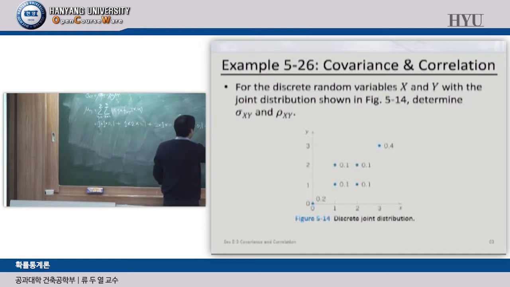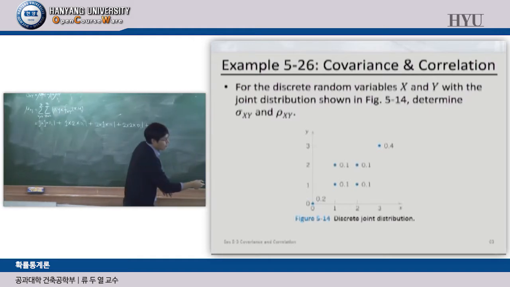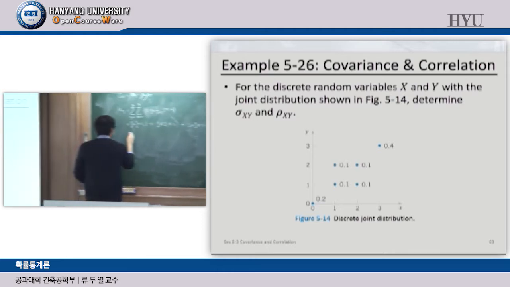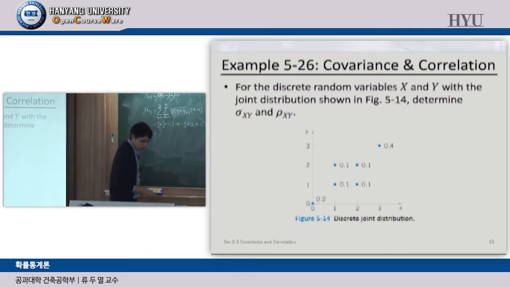And when x is equal to 3 and y is equal to 3, the probability is 0.4. If you calculate this value, the answer is 4.5.